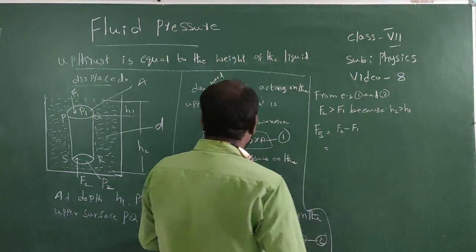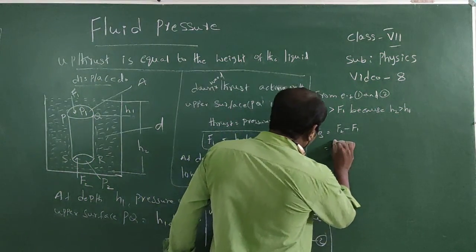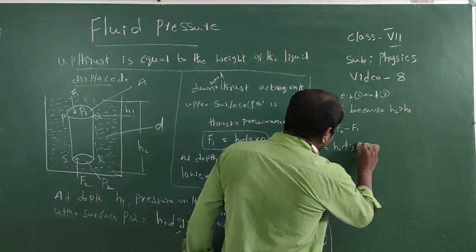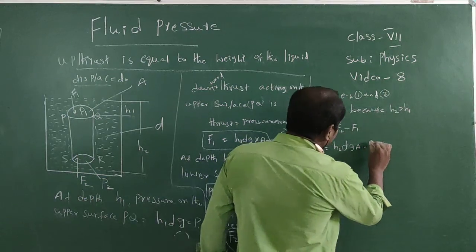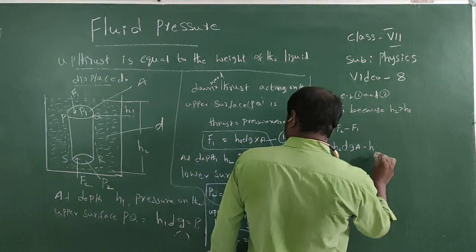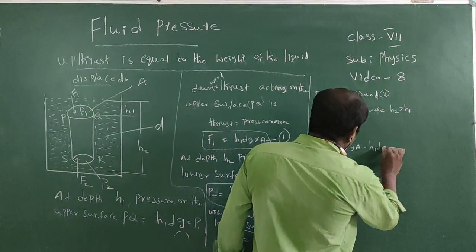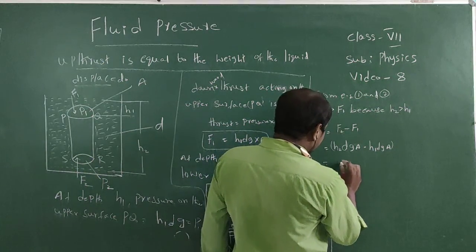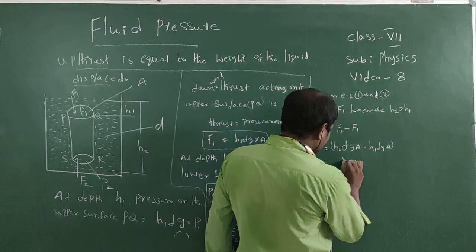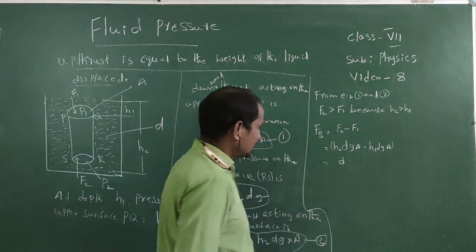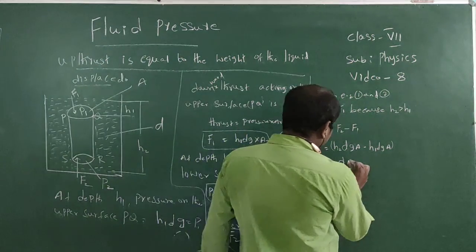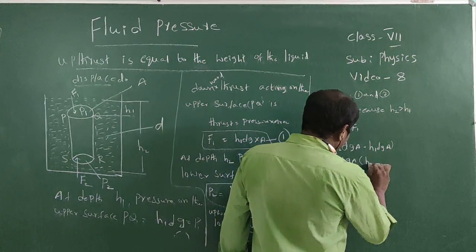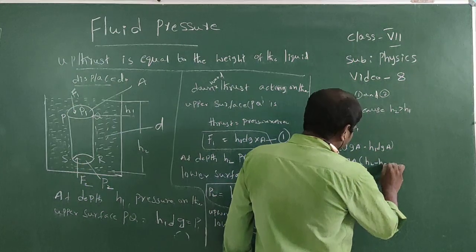F2 is H2 dg into A minus H1 dg into A. Here dgA is common, so it is dgA into H2 minus H1.